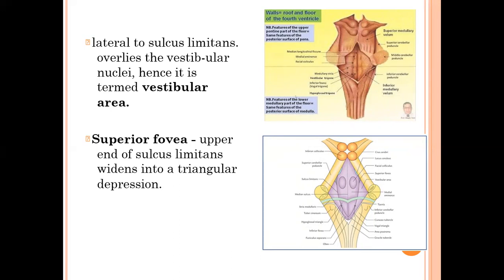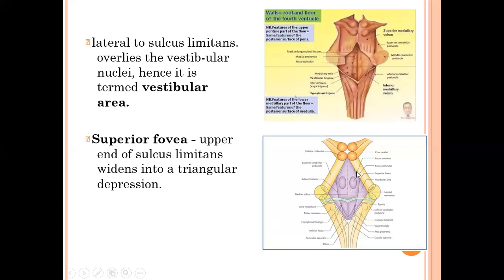Above the superior fovea, the sulcus limitans flattens out and presents a bluish gray area, known as the locus coeruleus.